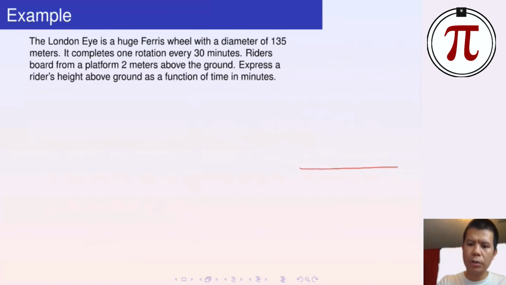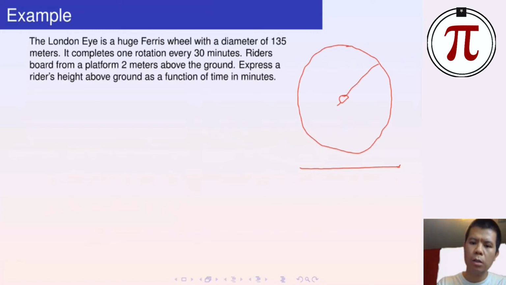All right. So here, say this is the ground. I have a large wheel, right? Something like this, and right here is the bottom.